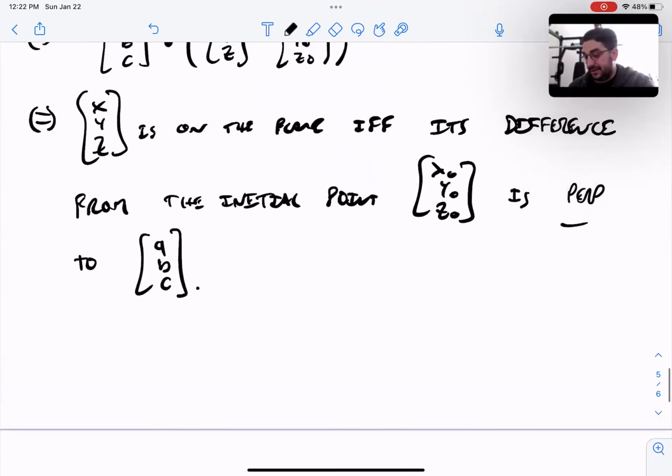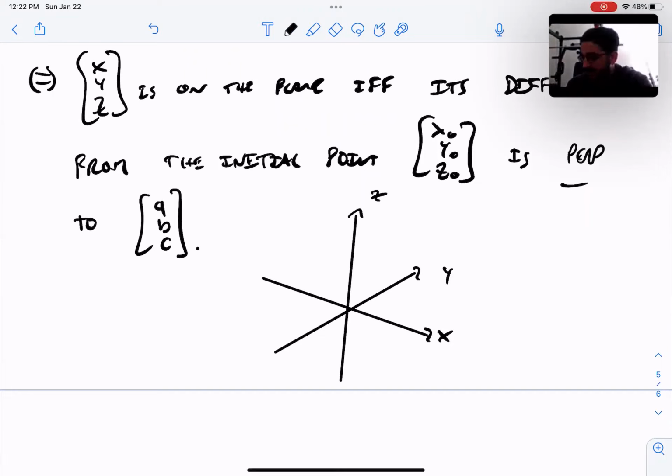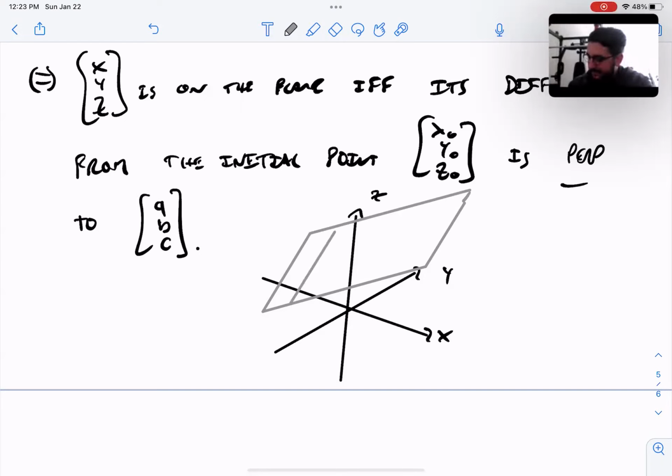So let's illustrate this. We're going to have x, y, z axes, and then I have some plane floating up above our xy plane. And now here's the idea.